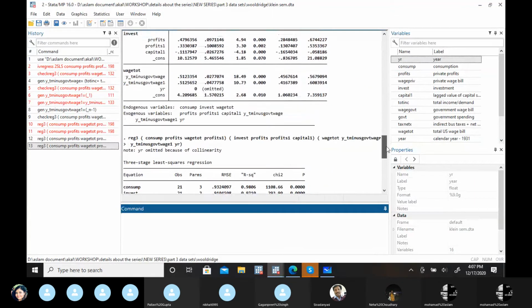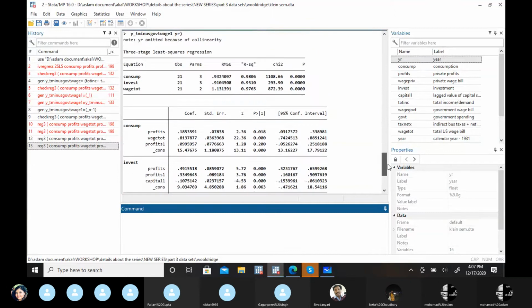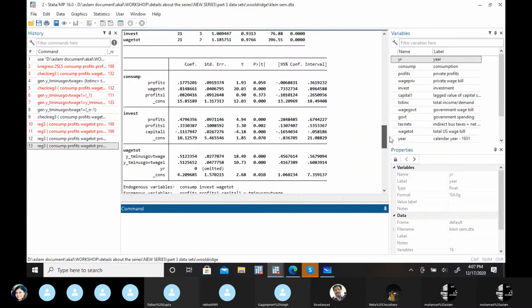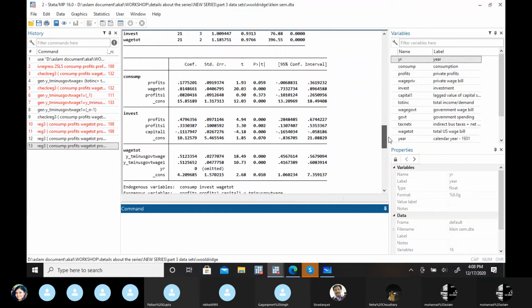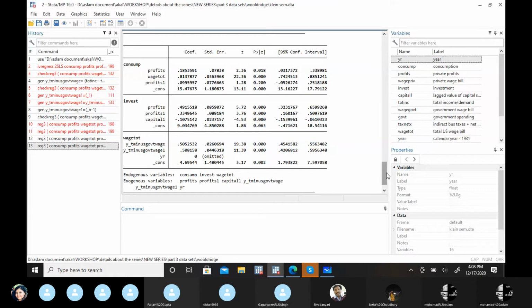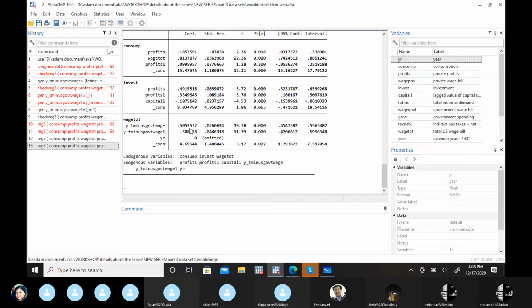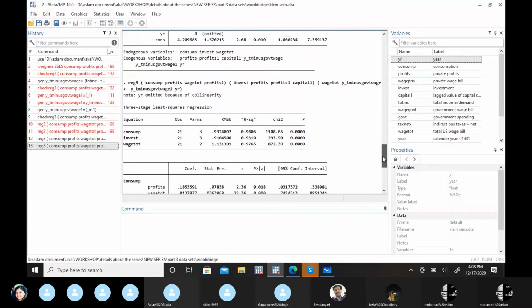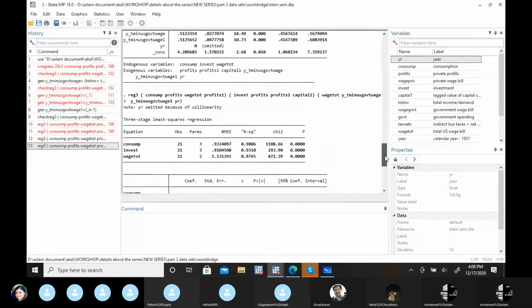If you compare the results, first profit 17.81, 0.15, more or less the same. You can cross-verify: more or less the coefficients are the same in 2SLS and 3SLS. Yes, there is a slight change, like in this constant. There is only a small difference in t values as well as in coefficients.